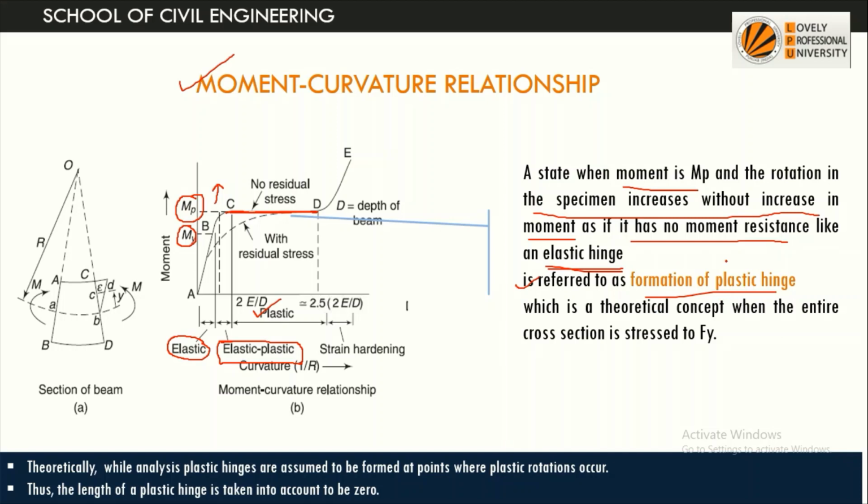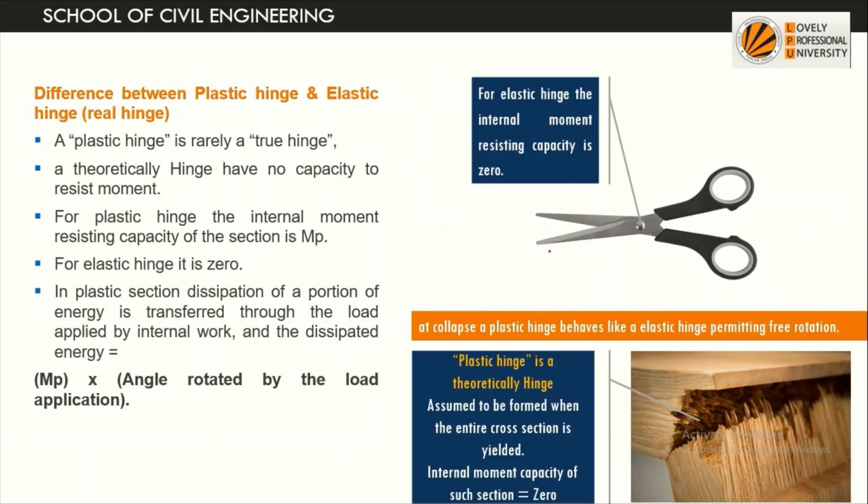And formation of plastic hinge is a theoretical concept when the entire cross section is stretched to a value of Fy, because after Fy the stress is considered to be constant for a very high limit of strain. Now it will bring some clarity about the difference between plastic hinge and the elastic hinge, which we refer to as a real hinge also.